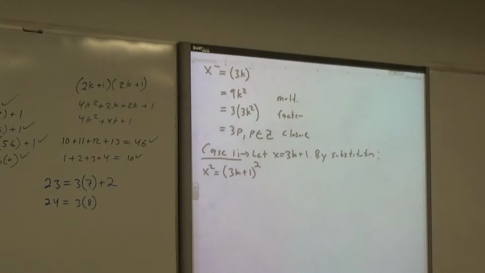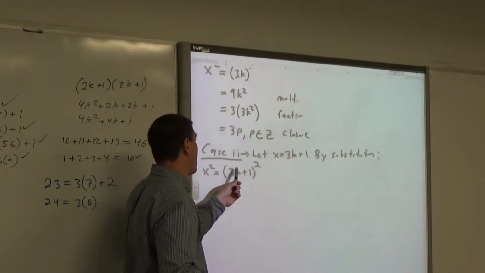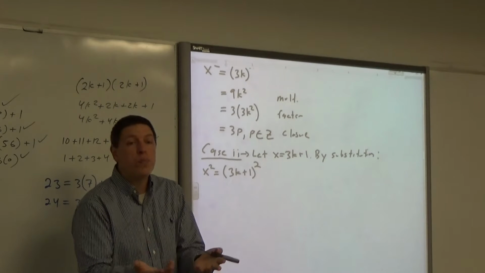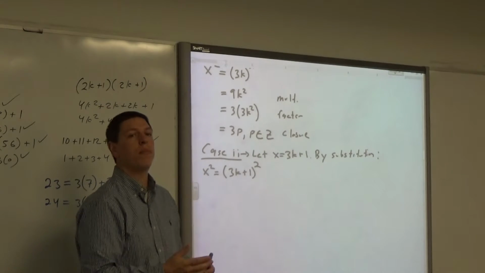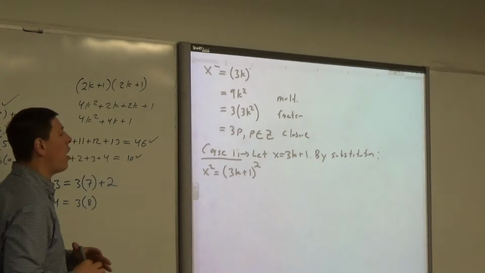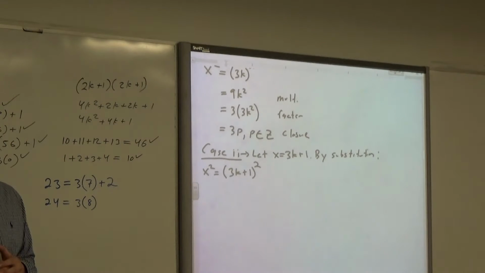Now, we don't want to use closure. You don't want to use 3k plus 1 as p, because then you just get p squared, right? You don't get 3p or something like that. I often see students try to use closure incorrectly right here. While it will get you p squared, it won't get you the form of 3p or 3k plus 1. All right, so what do you guys suggest we do at this point?